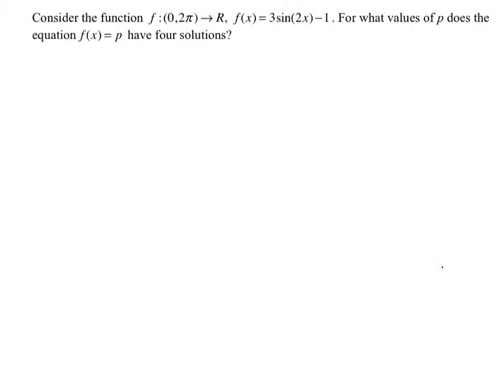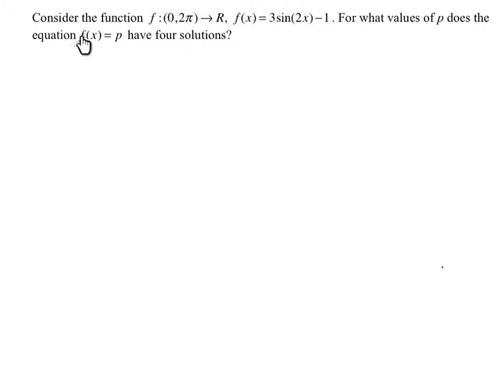Here we're going to look at a trigonometric function, 3 sine 2x minus 1, with a domain between 0 and 2 pi. Notice here how we don't have the closed brackets, we've got an open interval. The question's asking for what values of p does the equation f of x equal p have 4 solutions.